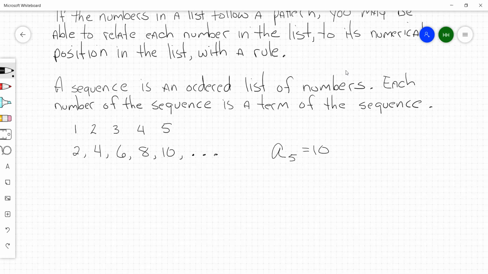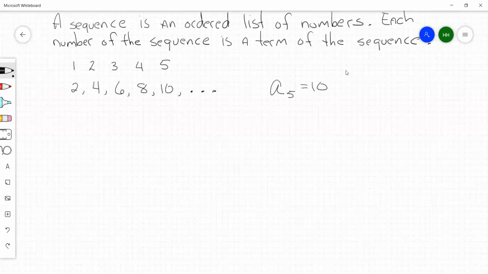Now we're going to talk about a couple different formulas that you can write to represent these sequences. So there's two types of formulas. There's an explicit formula.